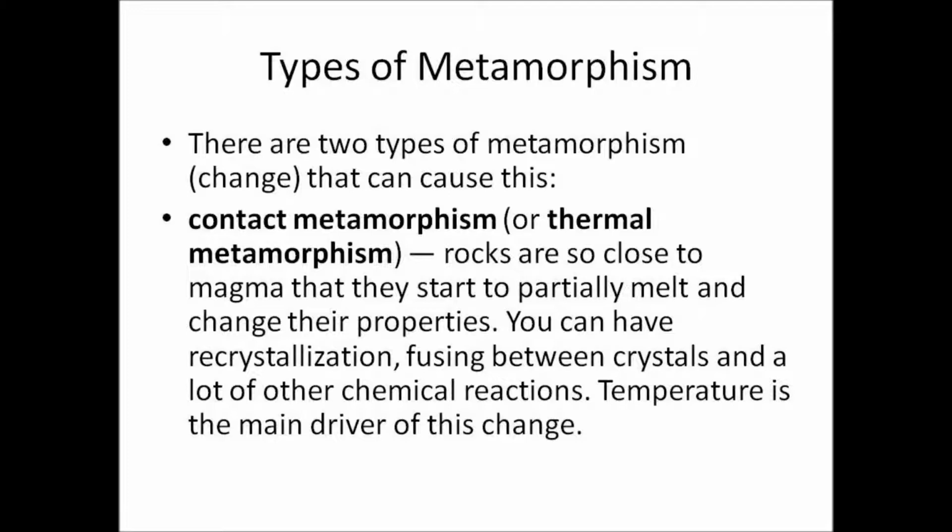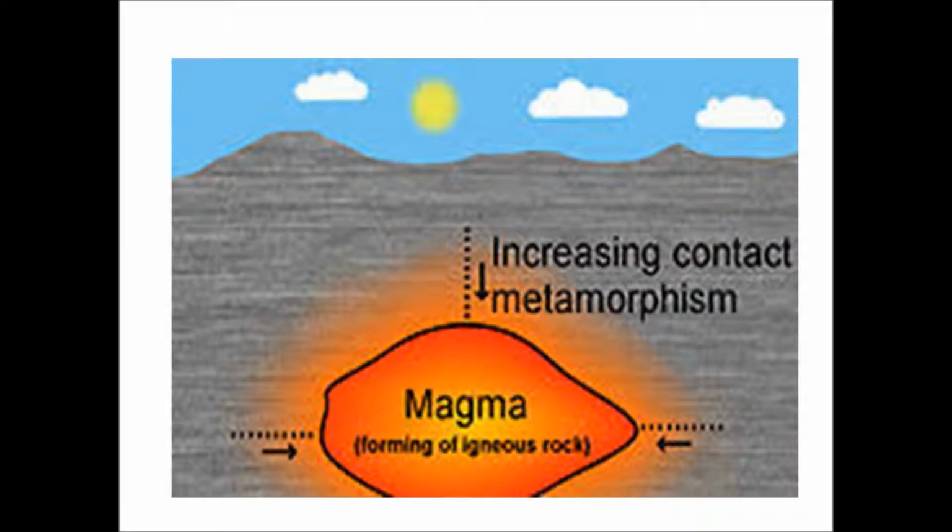Types of metamorphism, which leads to the formation of metamorphic rocks. There are two types of metamorphism, or change, that will cause this type of rock. One is contact metamorphism, or in other words, thermal metamorphism.